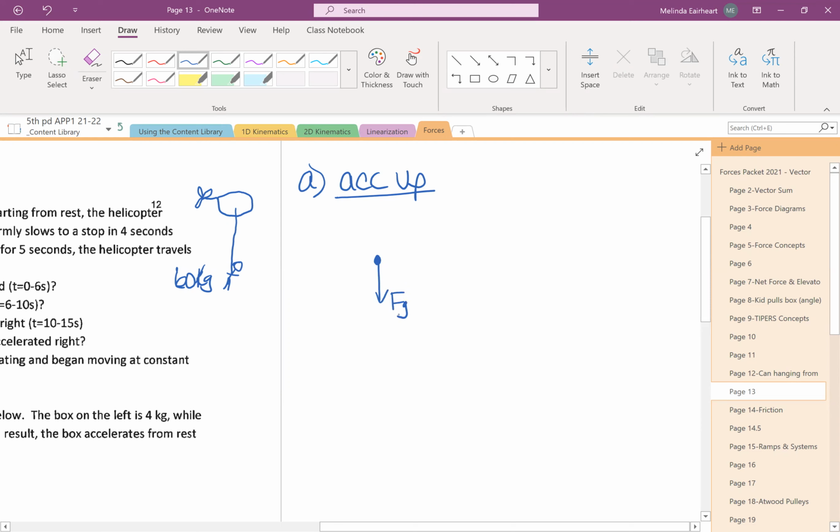What other force is acting on the person? Tension is going to be pulling what direction? Straight up. Now, I haven't drawn it yet. How big do I draw it?